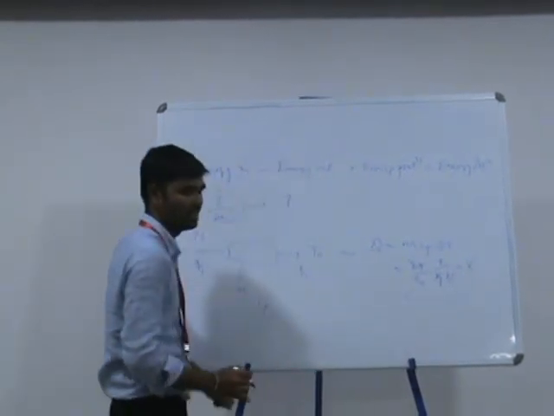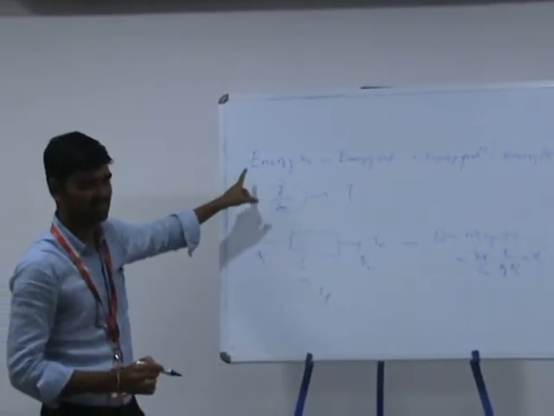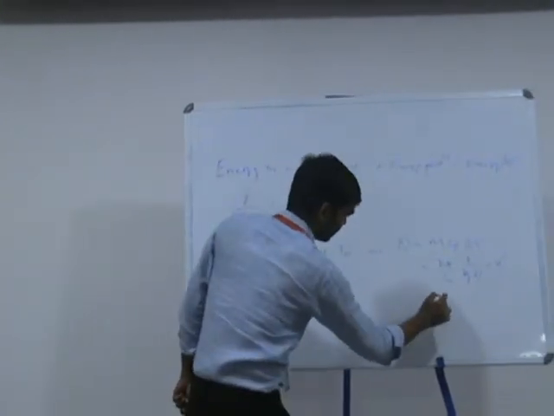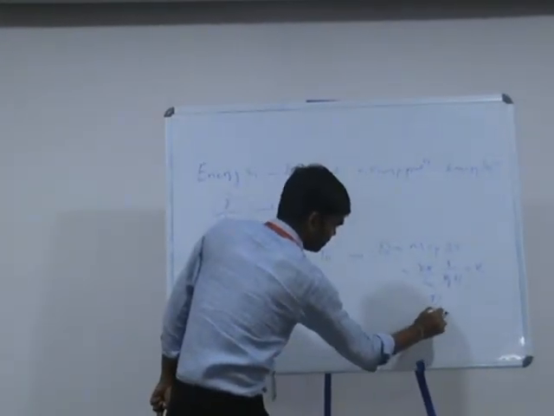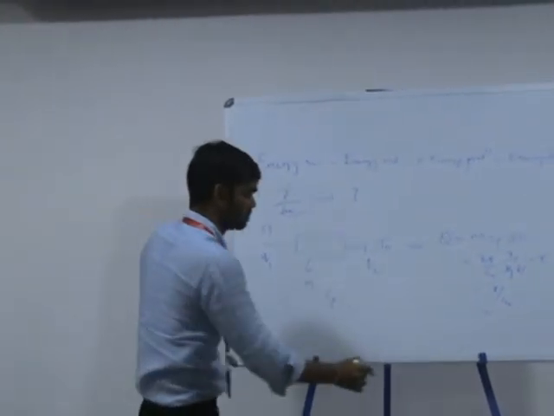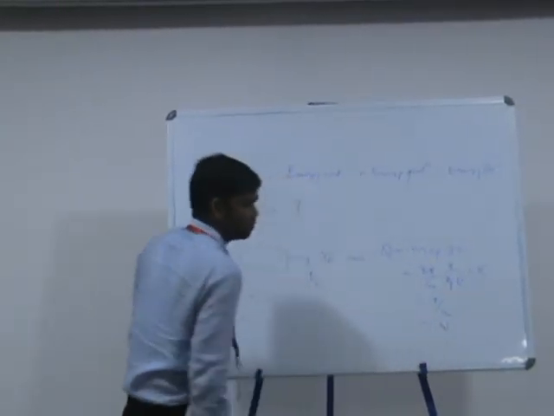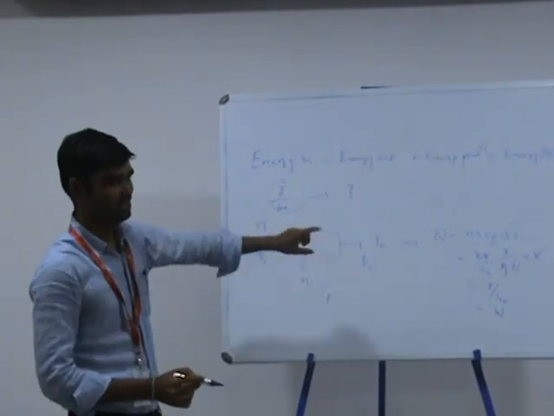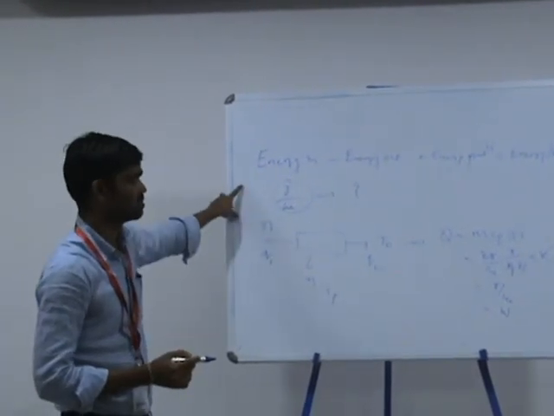This is the rate of energy entering into the system. In this way you can calculate the rate of energy into the system in joules per second, or we can sometimes call it watt, denoted with W.